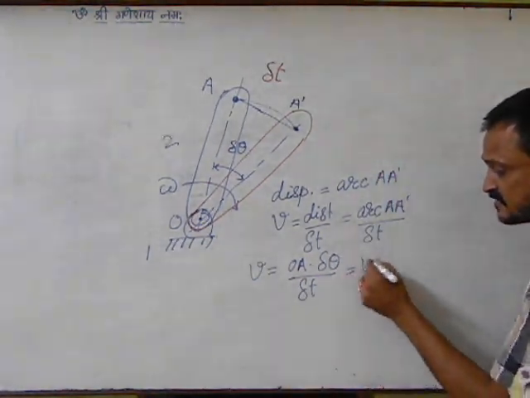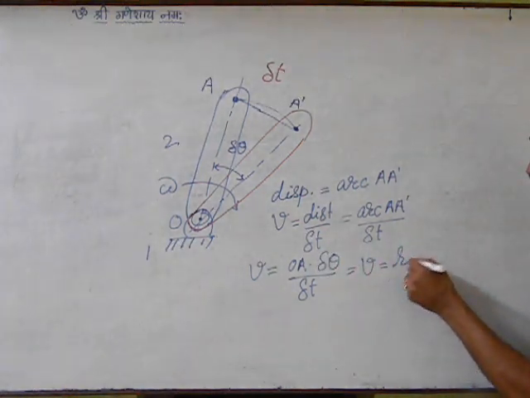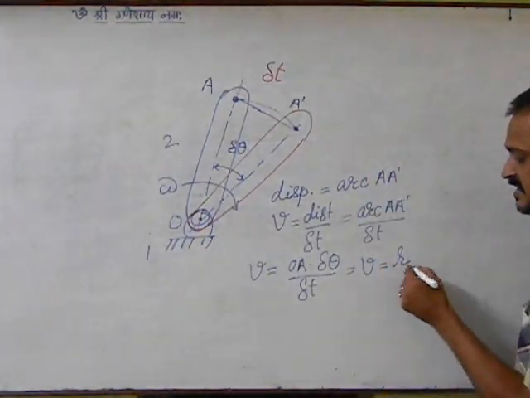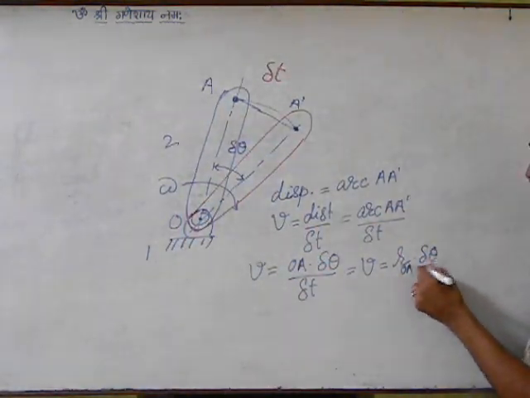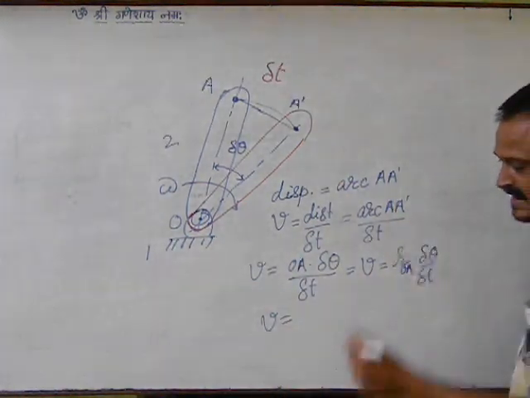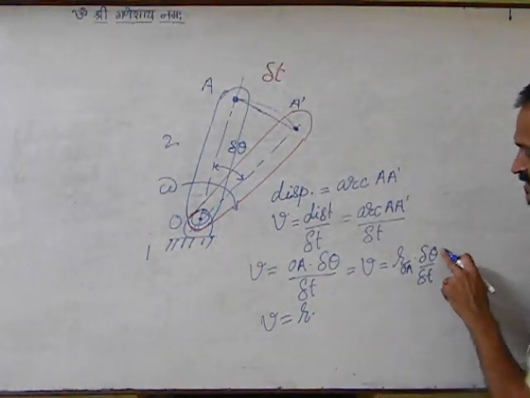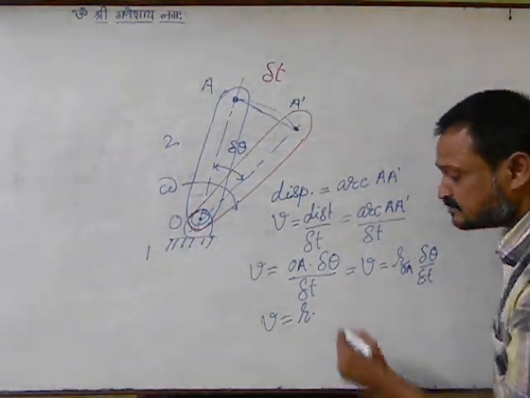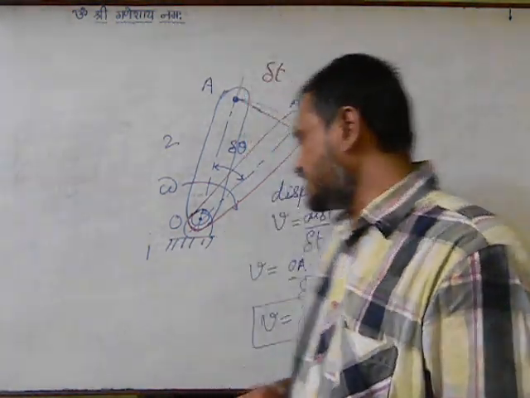So we see that this velocity is equal to, with this being the radius of rotation of point A about which it is rotating, the radius of point A, which is OA, into del theta by del t. If we apply the limit condition, we get V is equal to R del theta by del t. It is angular displacement by time, so this is the angular velocity. So V is equal to R omega, we can say here.